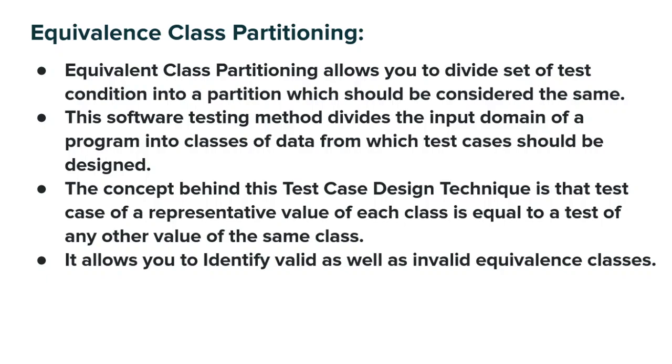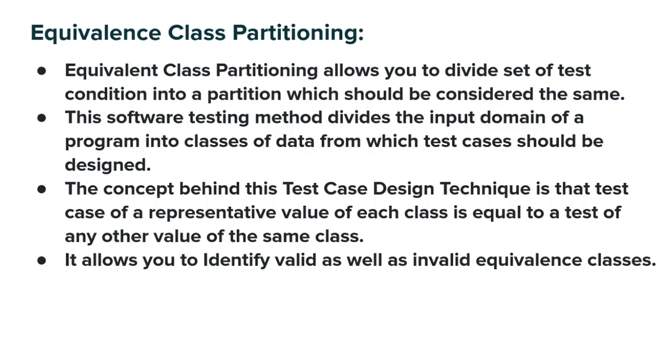After dividing, from each class or each set of input data we consider one or two values only that will represent that entire class or entire group of test inputs. So it reduces the test data basically. Instead of testing all the numbers, we will test only one or two representatives of that class.